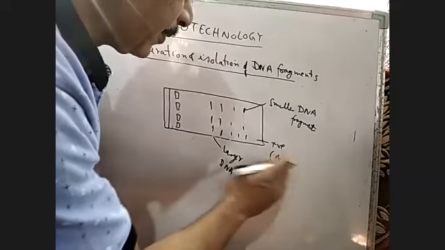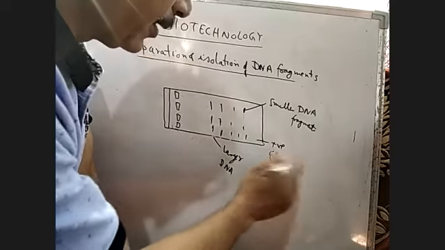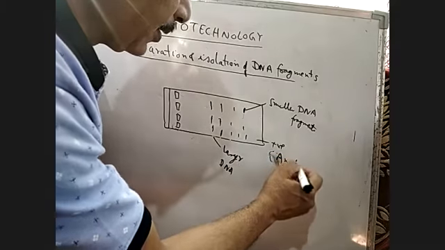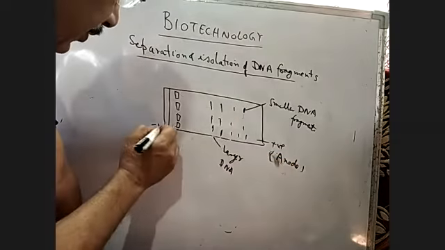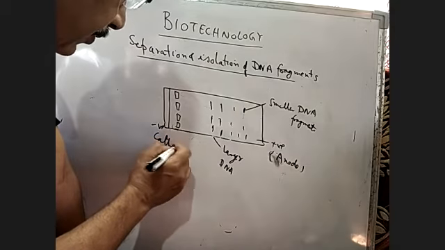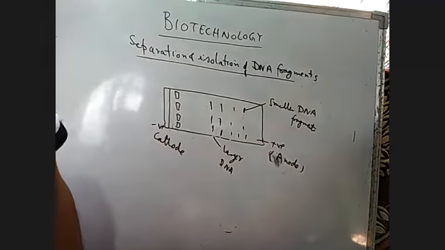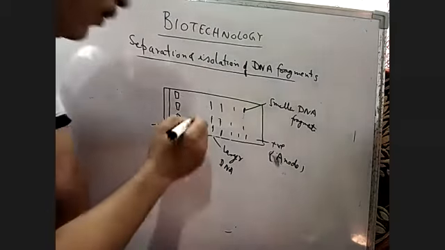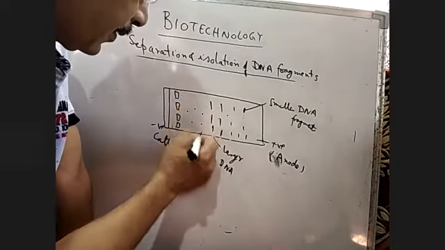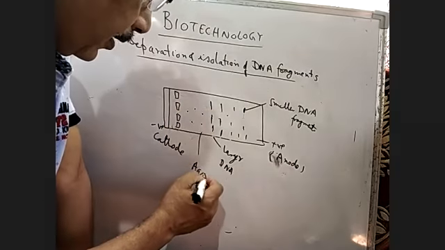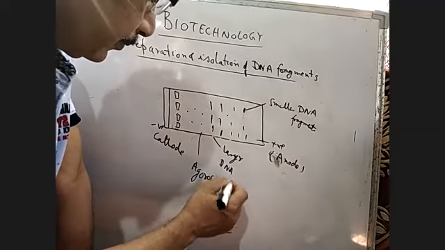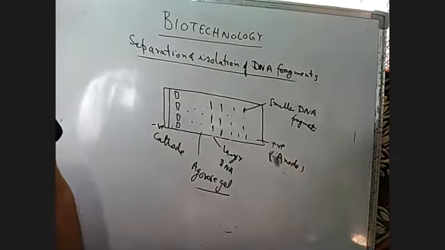And this side is the negative electrode, or cathode. Anode and cathode we take. Then inside we put the agarose gel.